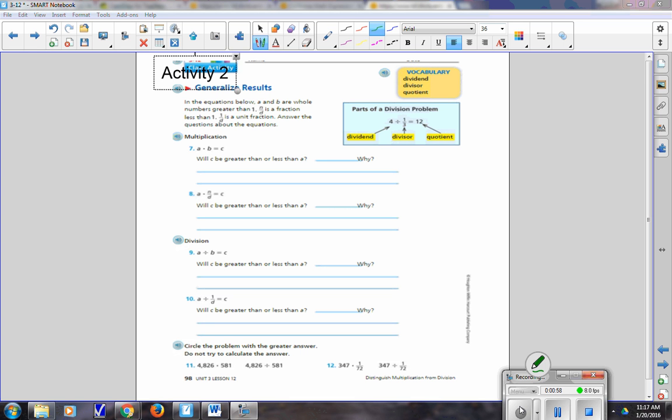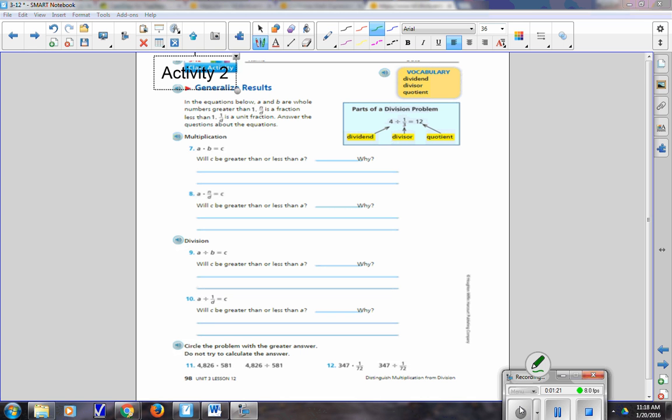N over D is a fraction, less than 1. So it's a piece of 1. 1 over D is a unit fraction, right? So we know it's one piece of something. And D can be any number, but 1 over D is a unit fraction.